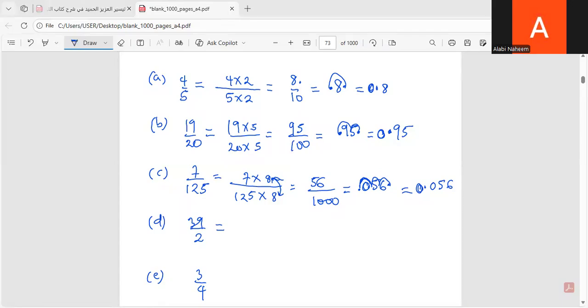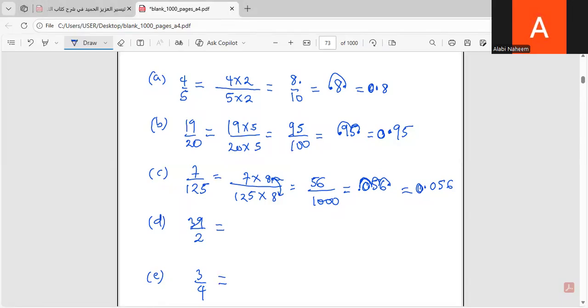We have more examples here. You have 39 over 2, right? You can convert 2 to a positive power of 10. You can convert 2 to 10 by multiplying by what? By 5. So we say 2 times 5. Remember to multiply 39 also by 5. So 2 times 5 is 10.